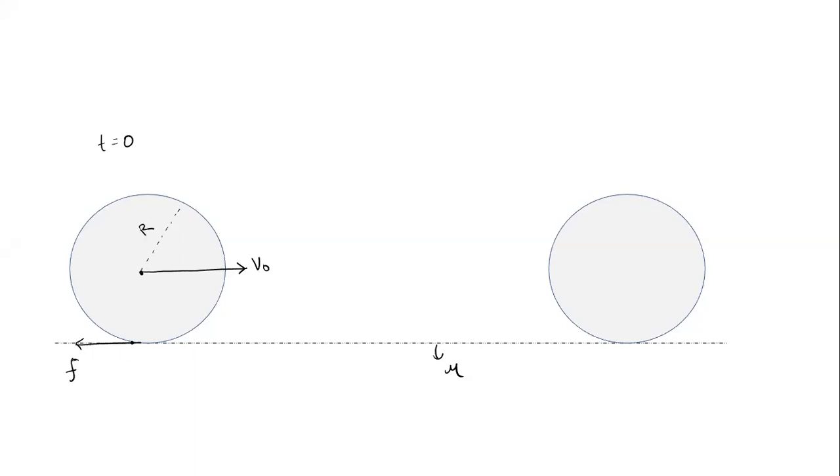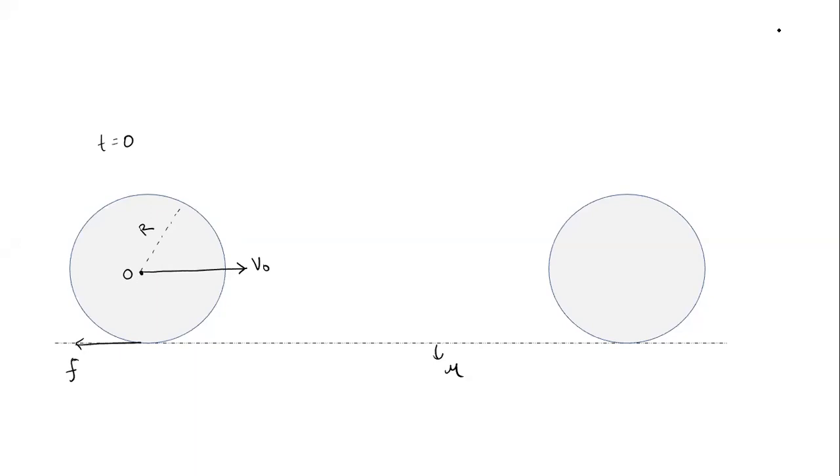Now when this friction comes into play, it will provide the torque. If I find the torque of this body about the center O, this friction provides the torque. Because of that torque, this body will start rotating. Yes or no? The body will start rolling.